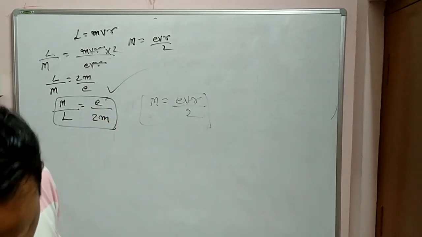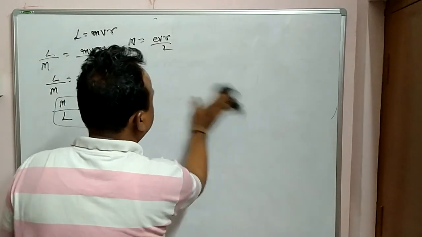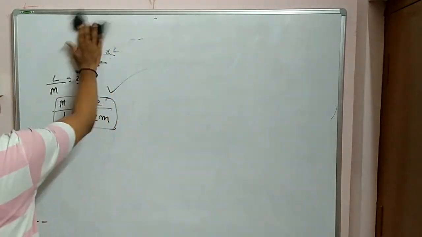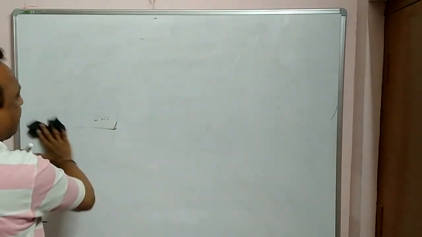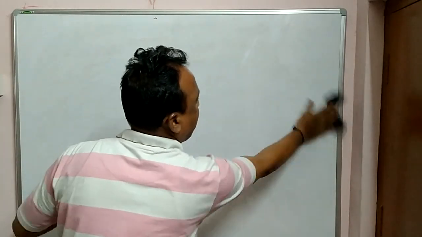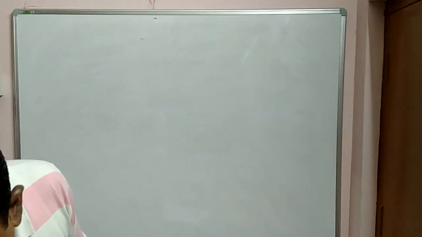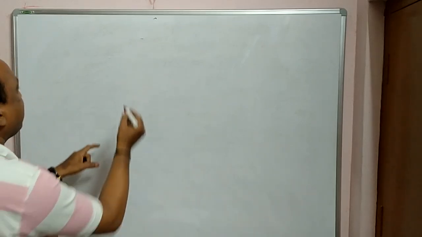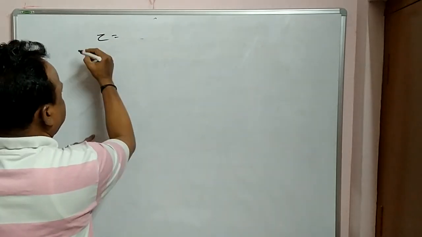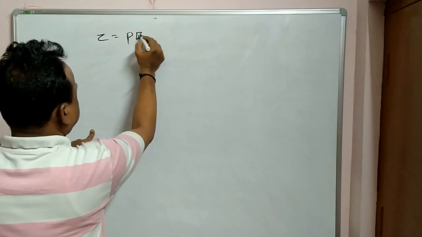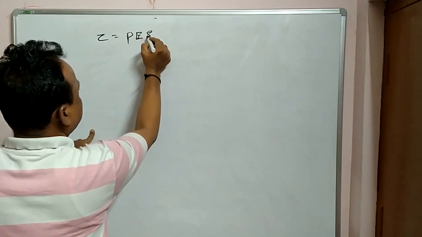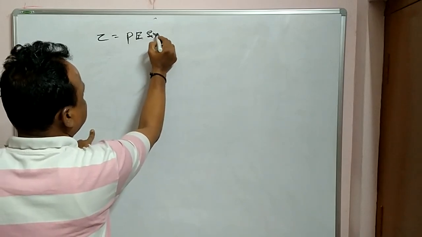Okay, now the last one, torque acting. I have already discussed all these things before, so I am going at a higher pace. Earlier I discussed torque. In electricity, it was PE cos theta, P sin theta.